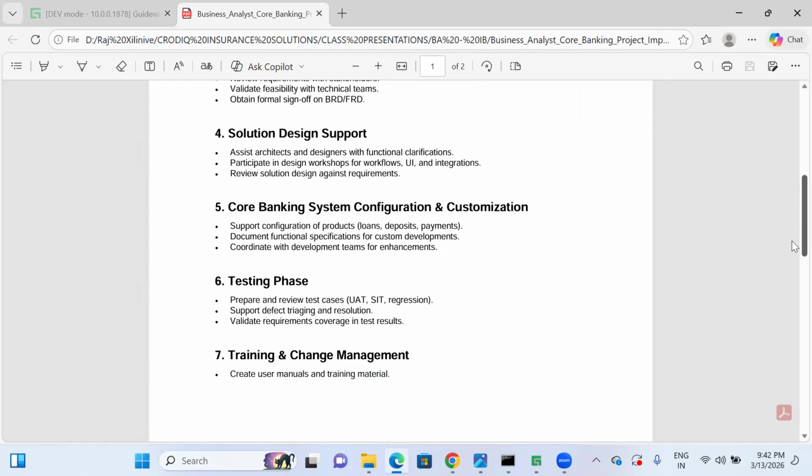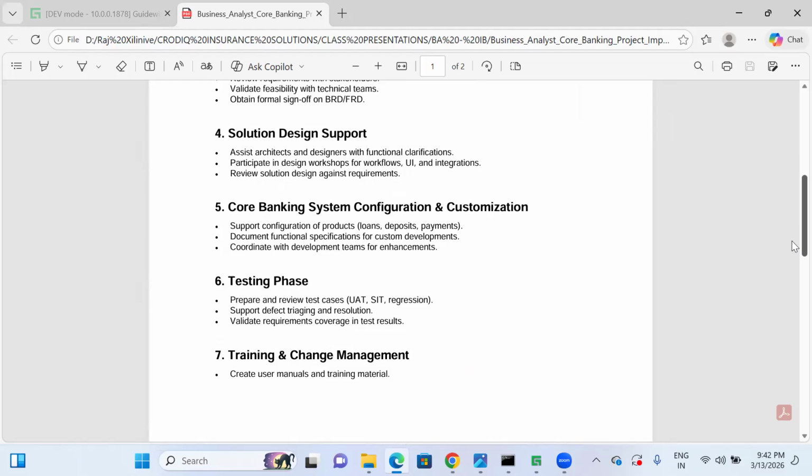The next one is the testing phase, wherein we need to be part of user acceptance testing once the manual and automation testing is done, so that if any changes took place in between, regression testing will be carried further. At the same time, for any defects that we have identified, how are we supporting defect triage and resolution, and how are we validating the requirements, so that whatever coverage and test results we have, everything will be part of the testing phase.